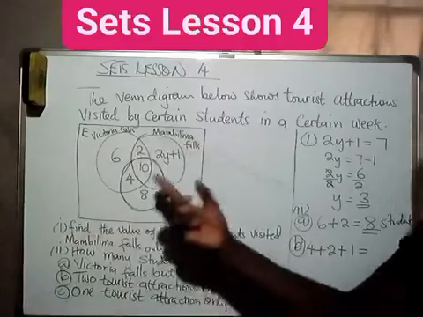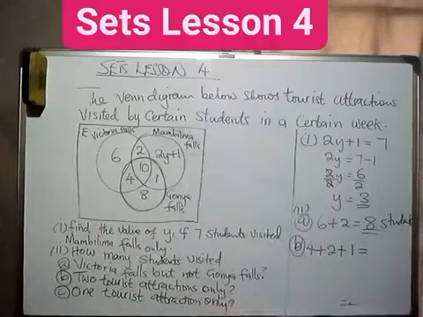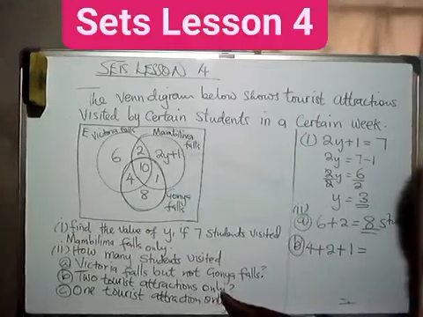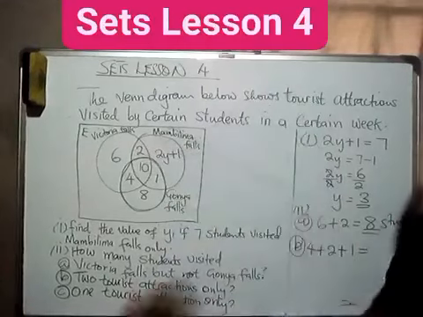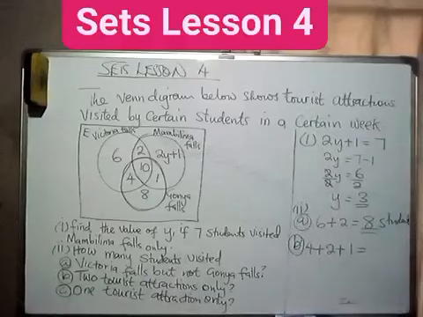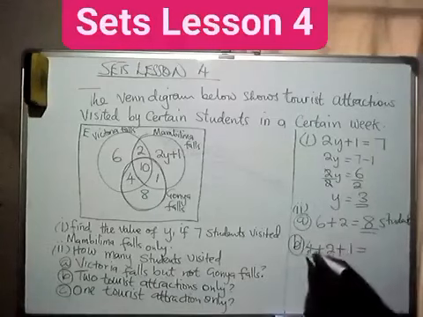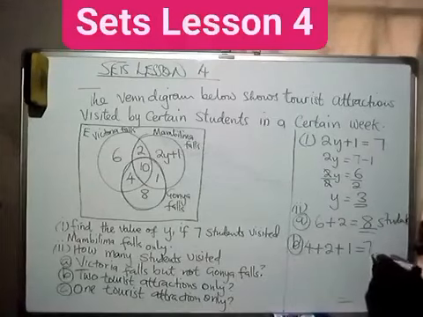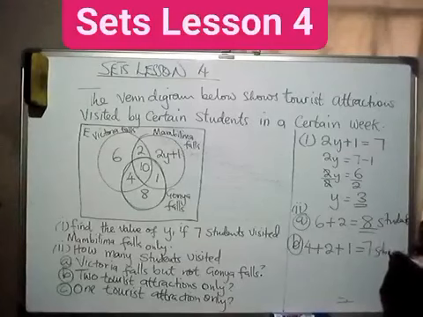In other words, 10 visited the 3. So if there was no word only at the end, 10 would have been included. Now that there is only, 10 won't be included. So our answer is 7. So we have 7 students.